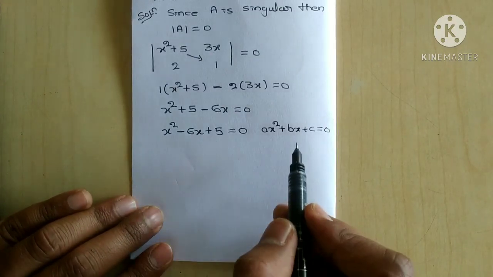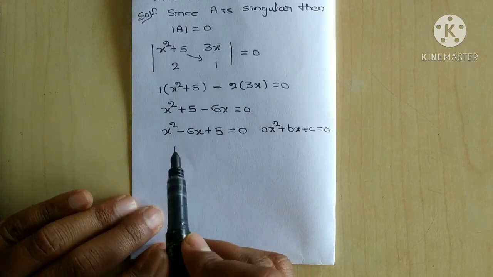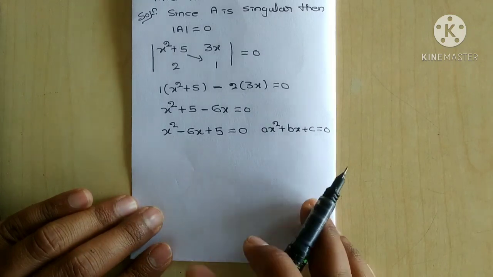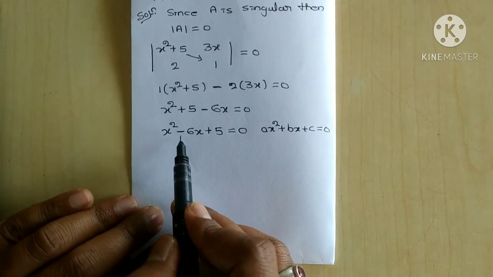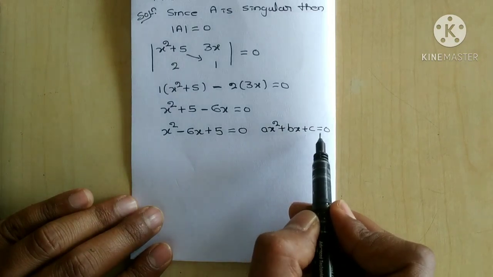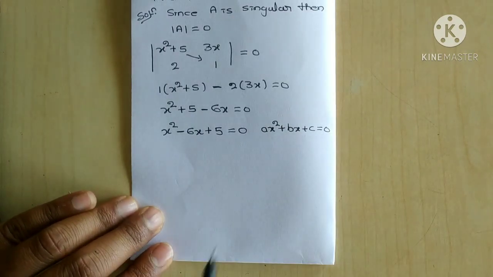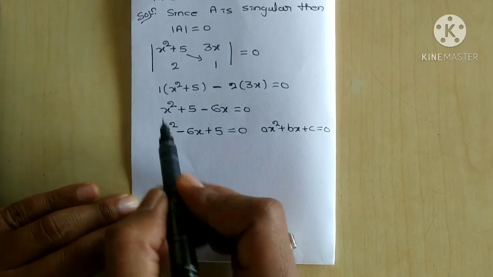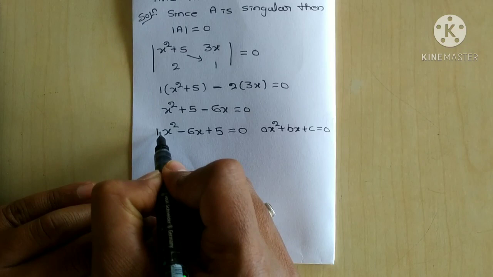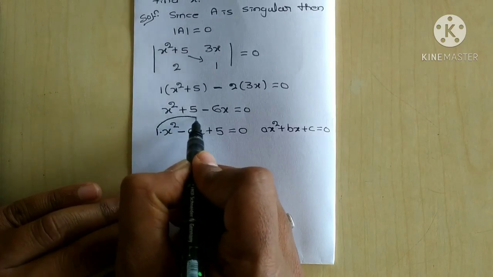Therefore, now I am going to use the factorization method to find the x value. Why am I going to use the factorization method? Because this is of the form ax square plus bx plus c is equal to 0. So you know the factorization method. First, the x square coefficient is 1. So 1 you need to multiply with the constant term.